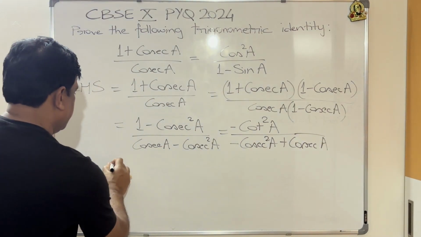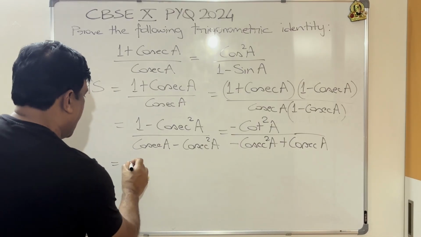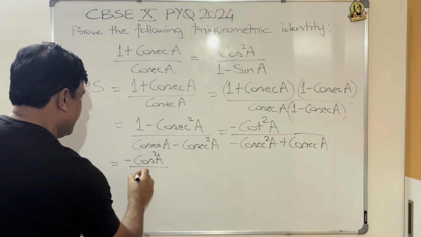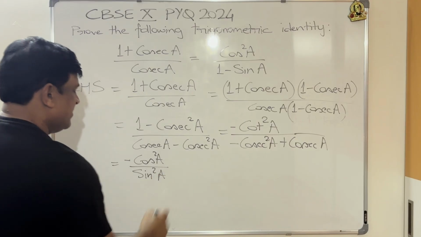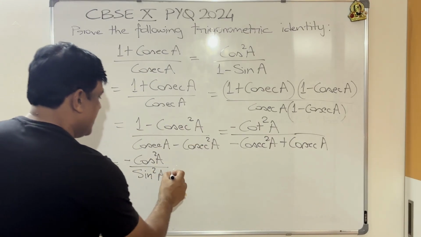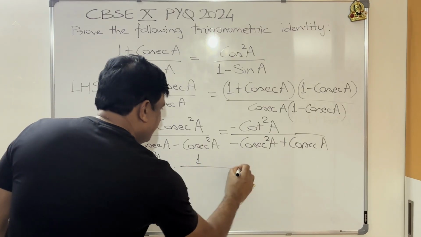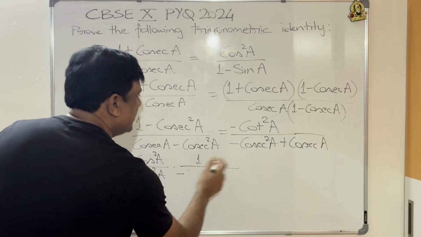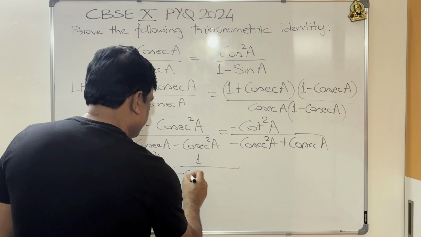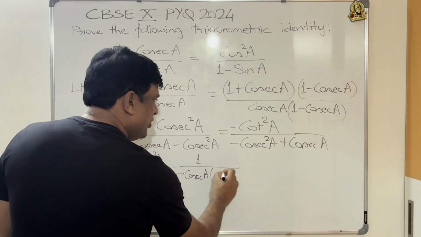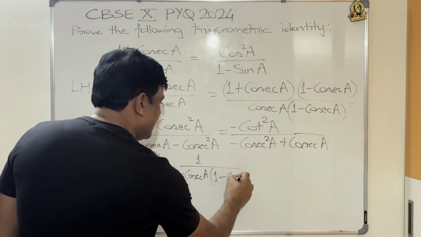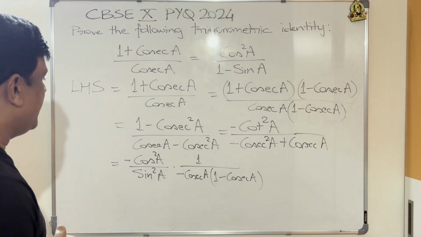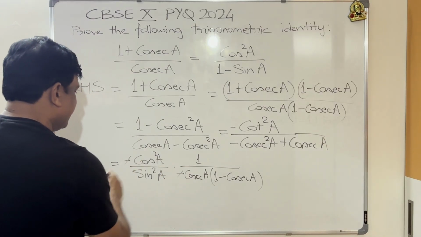When I do that, I can put cot square A as cos square A divided by sine square A. And in the denominator, I'll take a minus common and a cosec common, putting it as 1 minus cosec A. Now I can cancel out these minus signs.